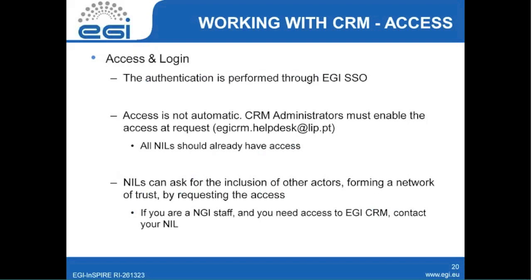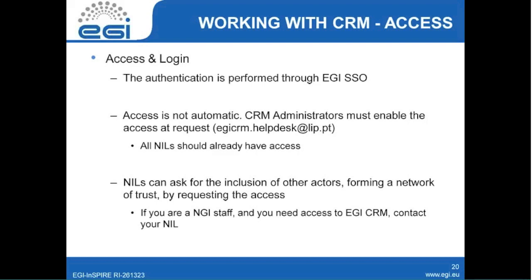We are quite sure that all NILs at this point already have access to the system. But sometimes NILs may have to delegate this responsibility or task to someone else, so NILs can ask for the inclusion of other actors.